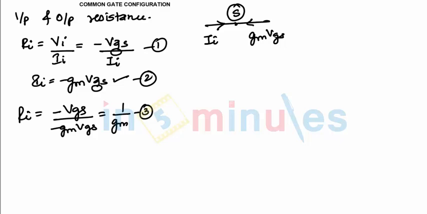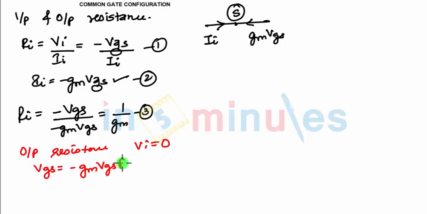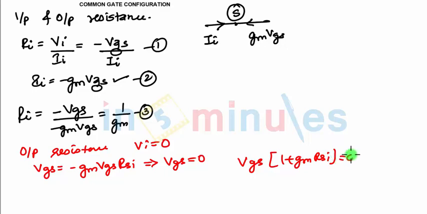Now output resistance. What we do for output resistance, we make Vi to be 0. When Vi is 0, we can say VGS will be equal to minus gm VGS into RSi, which implies VGS into 1 plus gm into RSi equals 0, therefore VGS is 0.